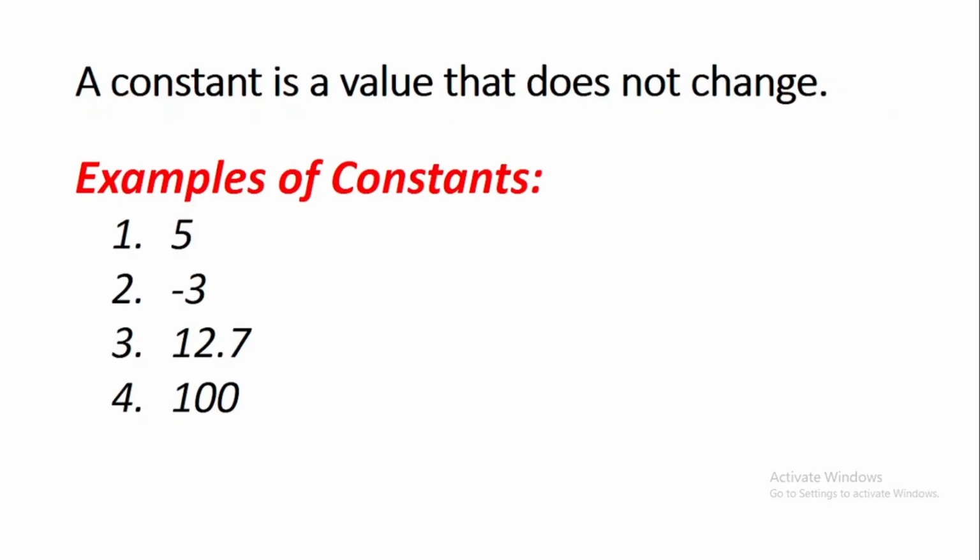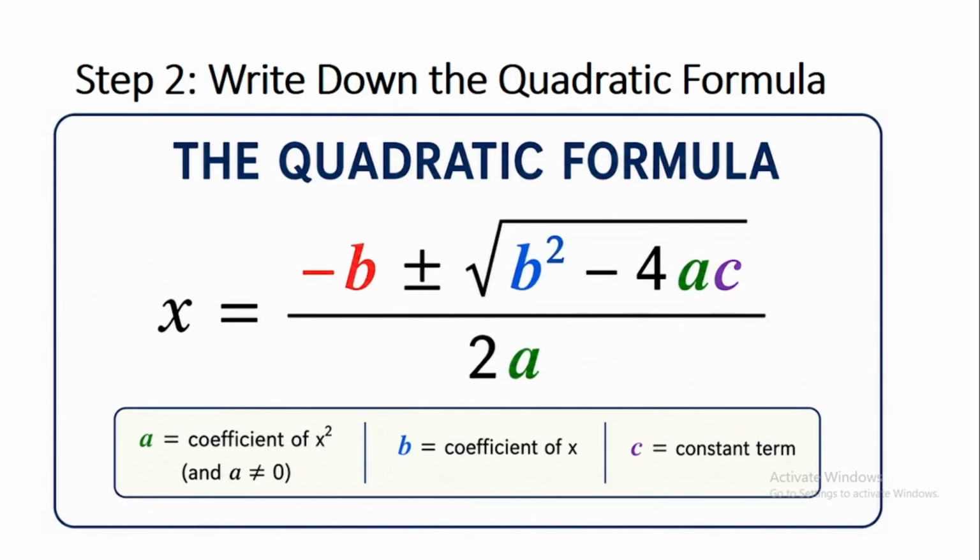A constant is a value that does not change. Examples of constants include 5, negative 3, 12.7, and 100. These are called constants because the value of the term does not change. 5 is just 5. Negative 3 is just negative 3.